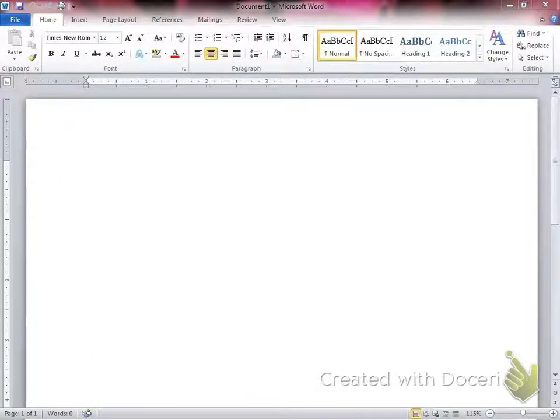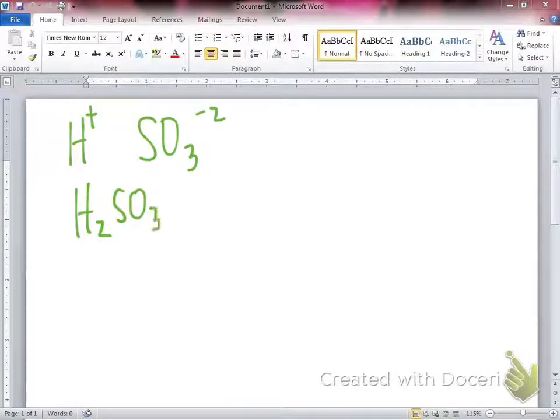Miguel asked a good question. If it ends in ite, if we deal with sulfite, which is SO3 minus 2, and we want to combine these two compounds into one acid, that means we need H2SO3. Now we have to look and say, what polyatomic ion is SO3 minus 2? This is sulfite.